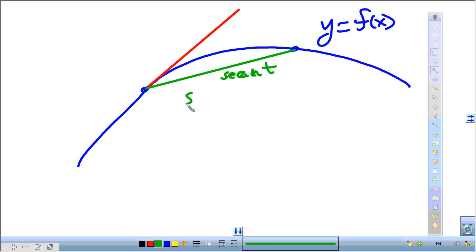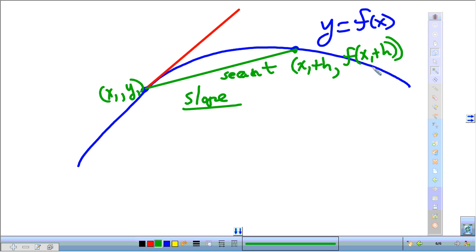So we could work out the secant slope if we wish. So we're going to start at a point. We're going to end up at another point, but we get here by changing the x, which gives us a new value, which is on the curve. So it would be the new x, x1 plus h, and then evaluate the point on the curve.